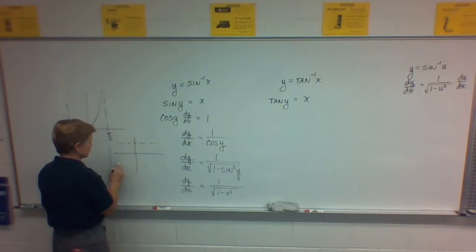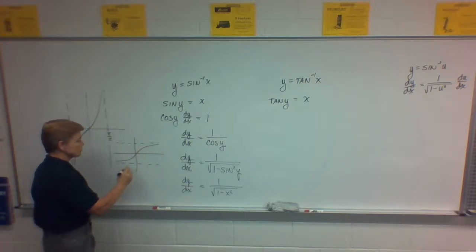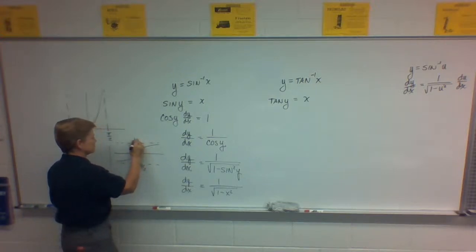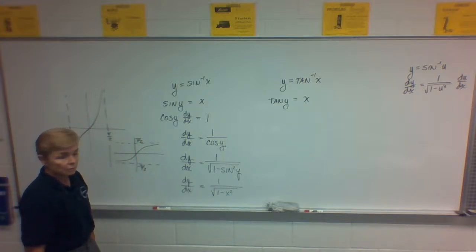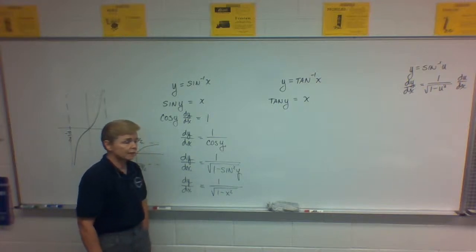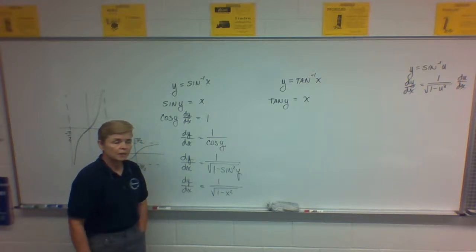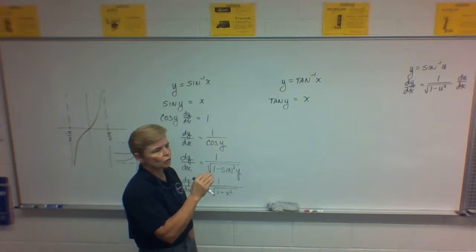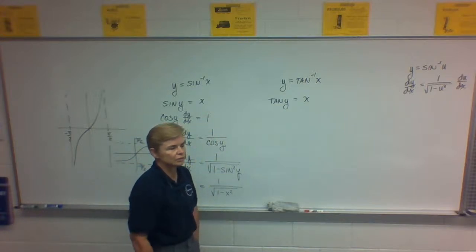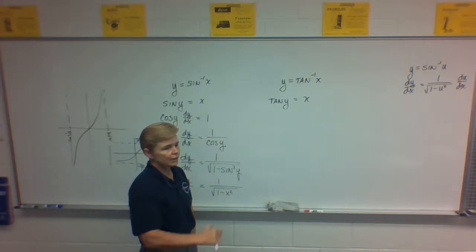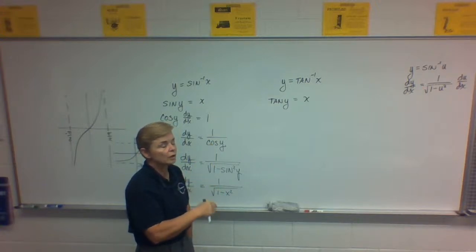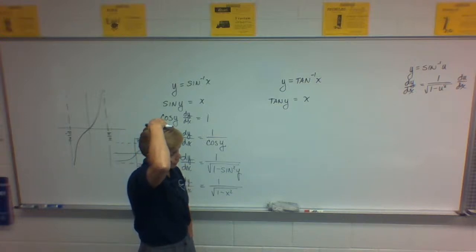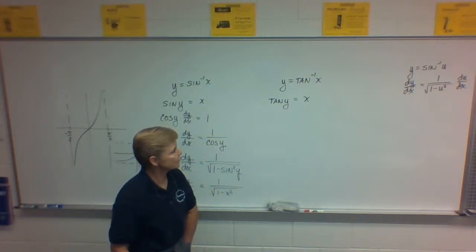These would have asymptotes here now, and it would look like that. So it is also defined from negative pi halves to pi halves. However, the sine curve includes those endpoints, whereas tangent doesn't, because sine is defined at negative pi halves and pi halves, but tangent is not. So it's still in the first and fourth quadrant, but you're not allowed to look right at pi halves and negative pi halves for tangent. For sine you can look there, but for the most part they're both defined in the same quadrants, the first and fourth, between negative pi halves and pi halves. That's where inverse tangent is defined.